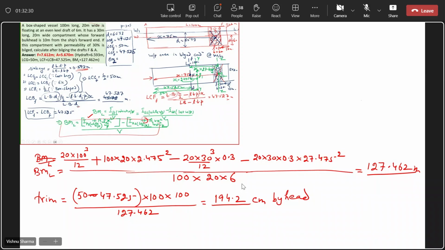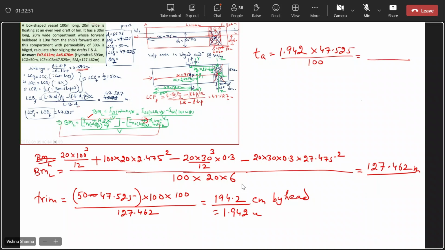We'll split the trim into TA, TF. TA is trim 1.942 meters, into LCF 47.525 divided by length 100 meters.